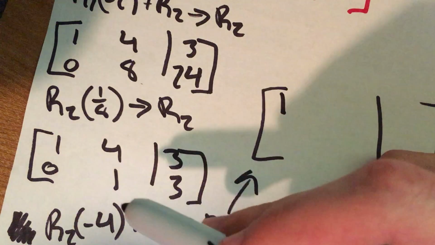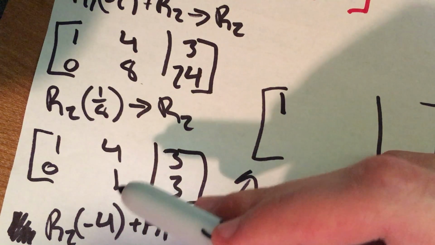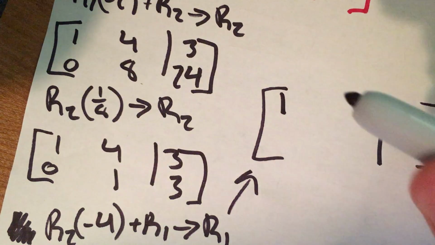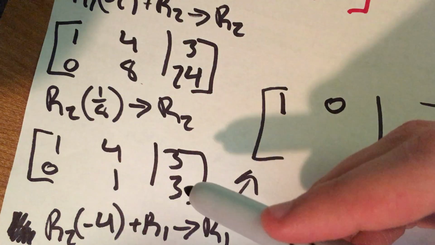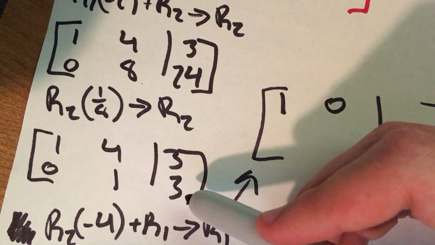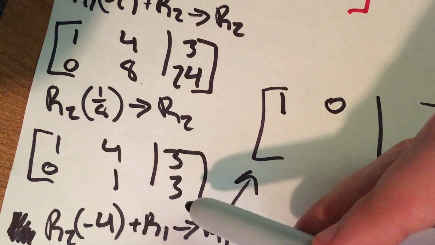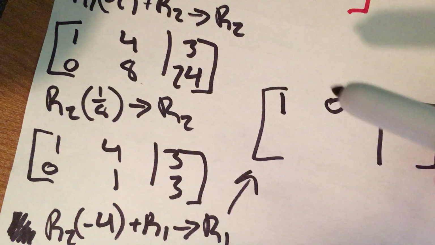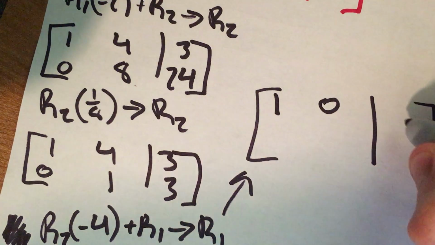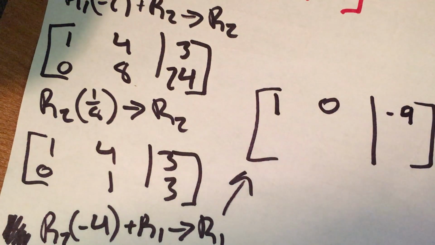And then we're going to take row 2 here, which is 1 times negative 4, which gives you negative 4. Add it to row 1, store it in row 1, gives you 0. We're going to take row 2 again, here in the spot where the 3 is, multiply it by negative 4, which is negative 12. Add it to the 3 here in row 1, which will give you a negative 9.